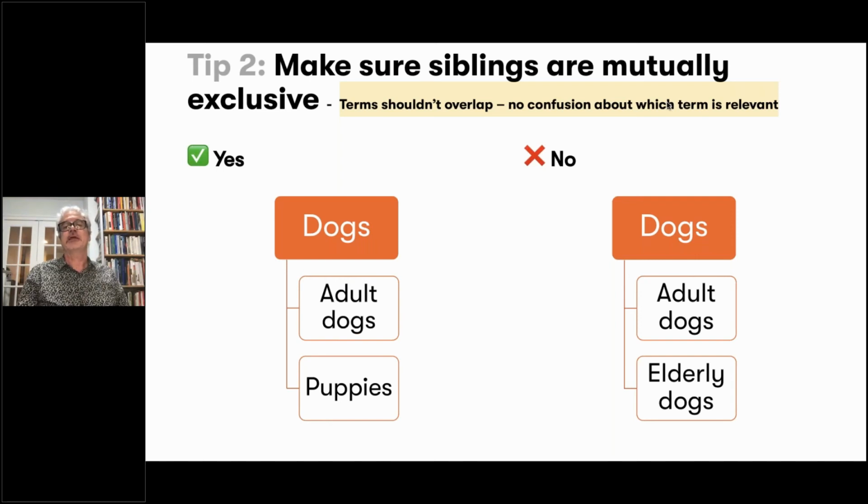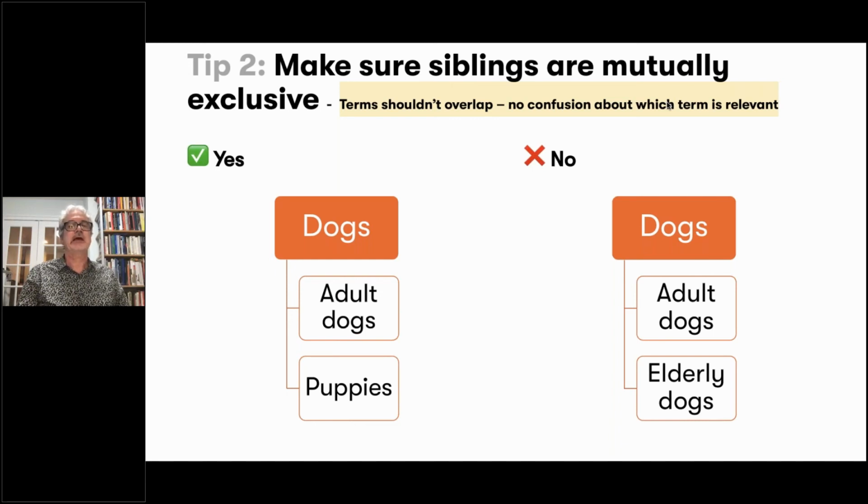On the right side, we have adult dogs and elderly dogs. So we used age to categorize things, but these are not mutually exclusive. Obviously, some adult dogs are elderly dogs, and all elderly dogs are adult dogs. So there's going to be some confusion there. And in order to get past this confusion, you need to do one of two things.